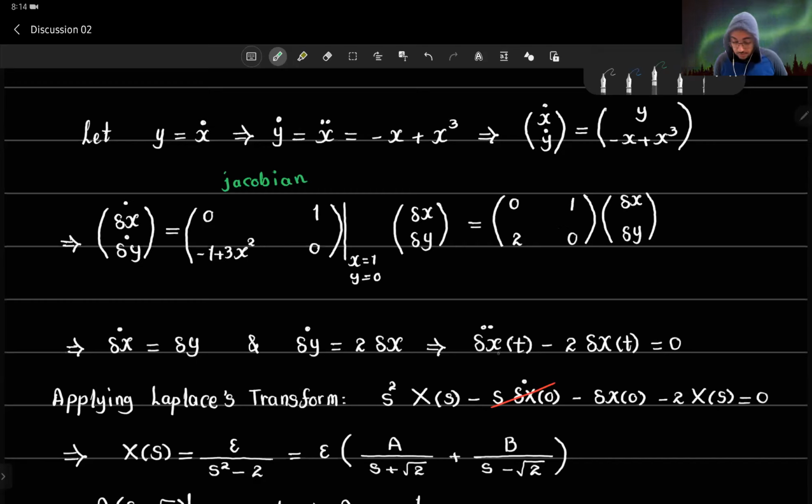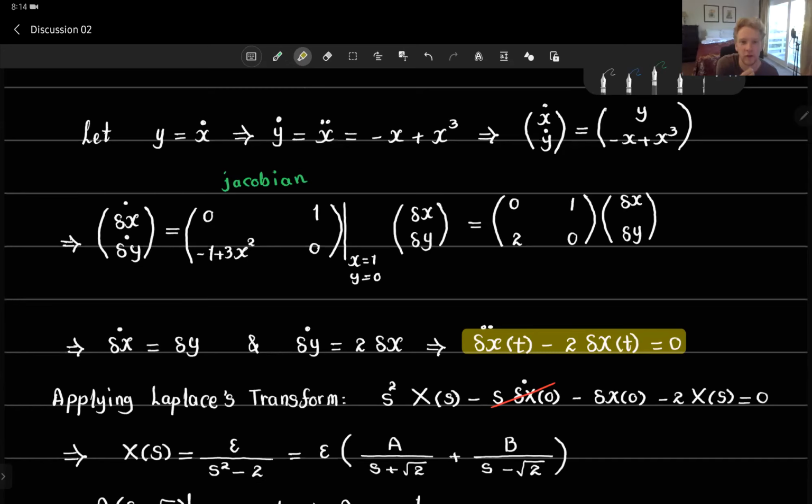Which means that delta x double dot as a function of time minus 2 times delta x of time is equal to 0. So this is the differential equation for the linearized system.